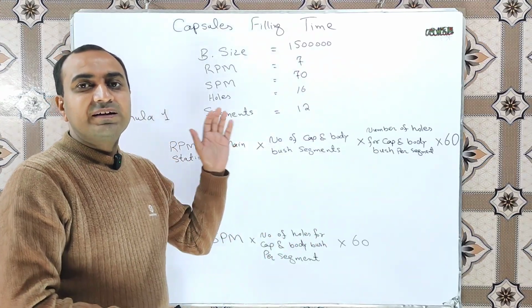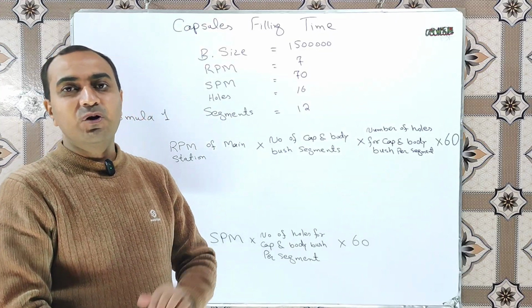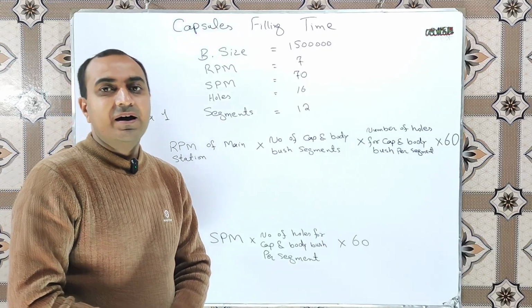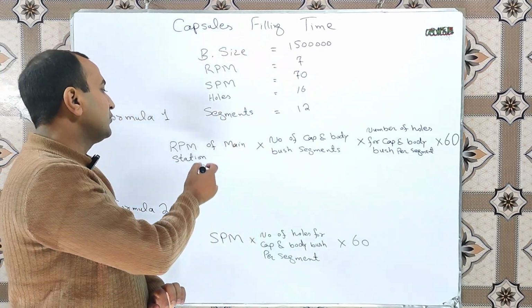So to calculate the time required for filling 1.5 million capsules, first of all we will calculate the capacity of our machine per hour by using these two formulas. For this, simply put in the values.